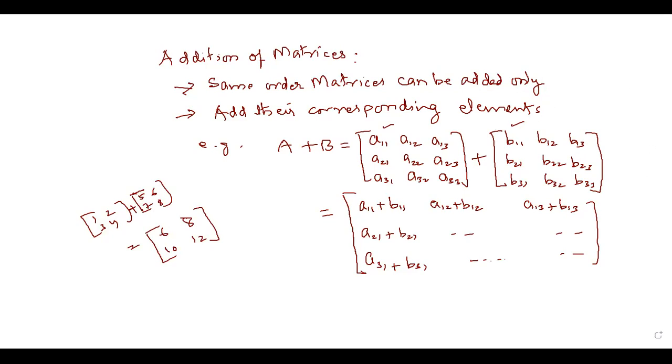Then multiplication of a matrix by a scalar. If we have to multiply any number with the matrix, it will multiply with all the elements.